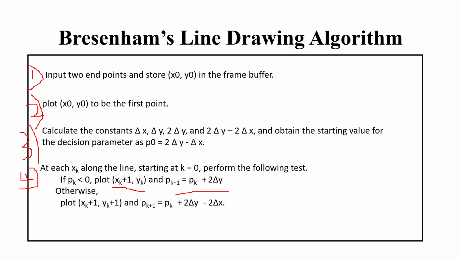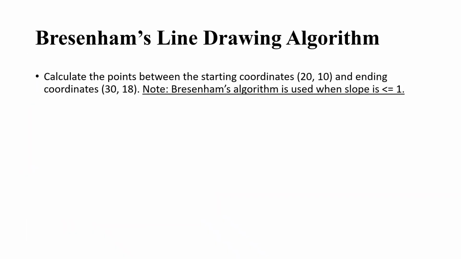If pk is greater than or equal to 0, then this will be the point to be plotted and this will be the value of the next decision parameter. The above step 4 is repeated del x times. So with these algorithmic steps, we will solve two examples to get a better idea of Bresenham's line drawing algorithm.